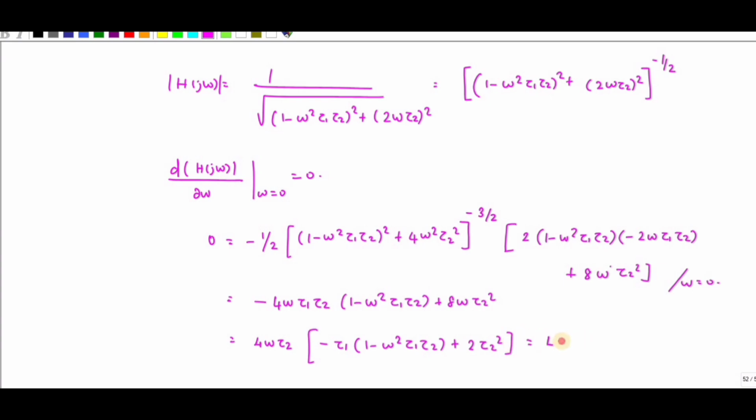So this I can write as 4 omega tau 2 into minus tau 1 plus tau 1 square omega square tau 2 plus 2 tau 2 square, right? If I equate this, I will get minus tau 1 plus 2 tau 2 equal to 0.